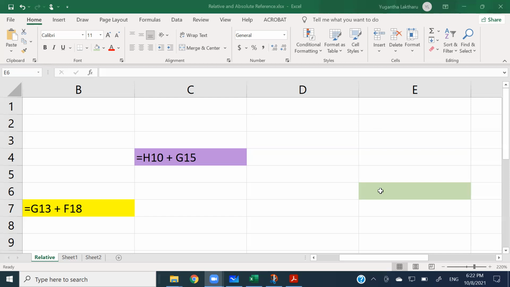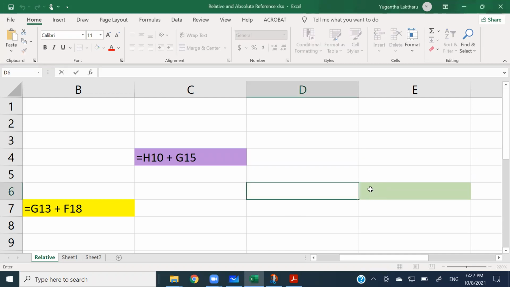Right, so what's going on here? From the purple color box, we are jumping 2 columns away and 2 rows down, right? 2 columns to your right, 2 rows downwards. Himaya, that is correct. So what should be the answer?